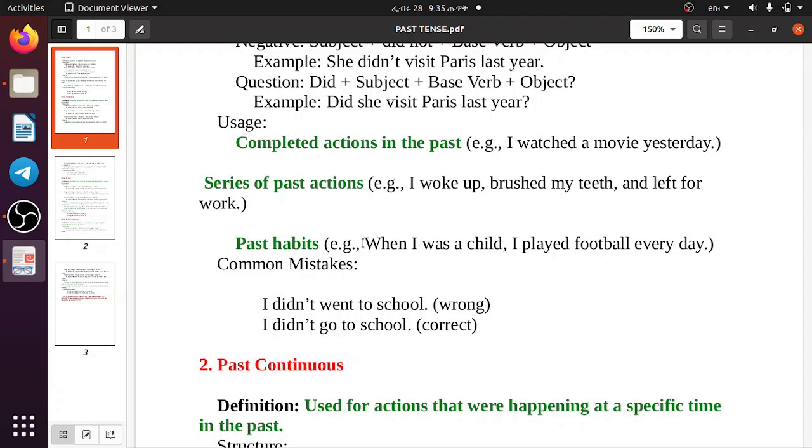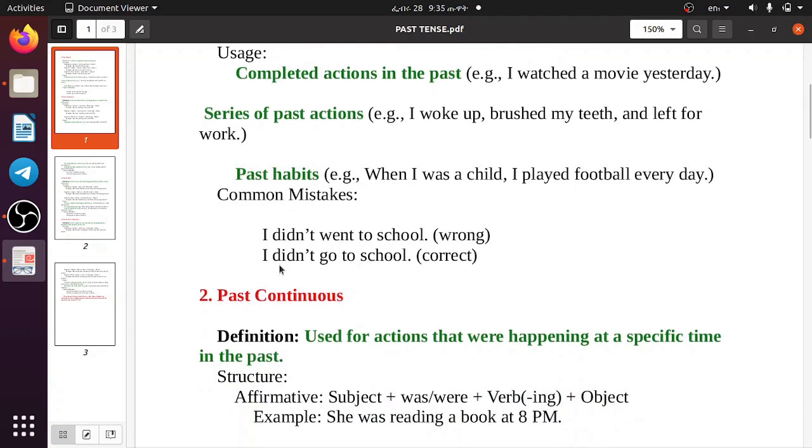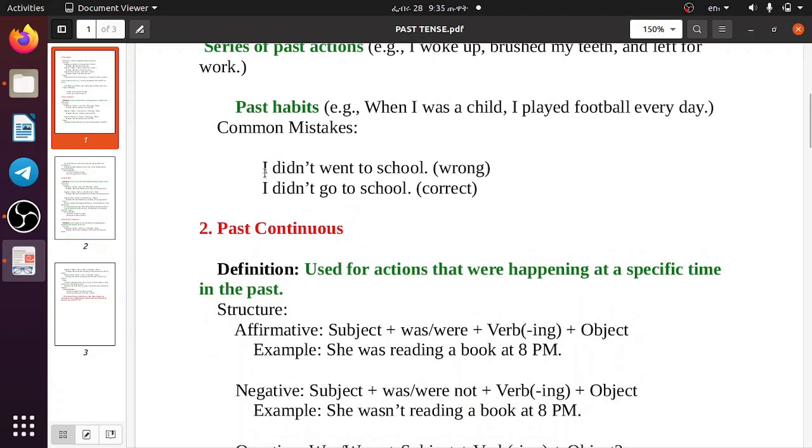When I was a child, what was I doing? I played volleyball every day. This is simple past tense. So generally we use simple past tense to describe the action that completed in the past, series of past action, and past habits.